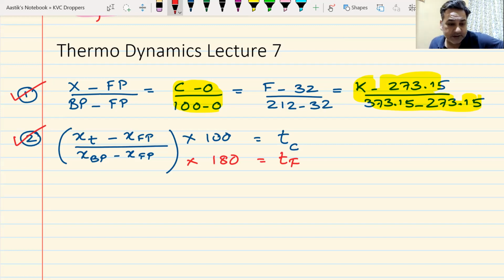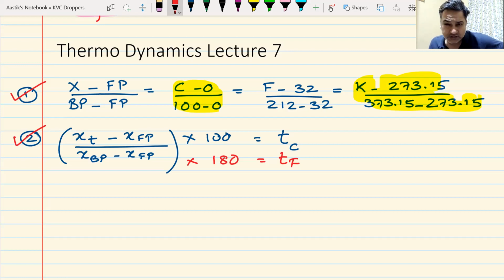And today's topic is known as thermal expansion. Have you heard about the term thermal expansion? We've already used thermal expansion in the previous topic when we had found out how to make a thermometer.